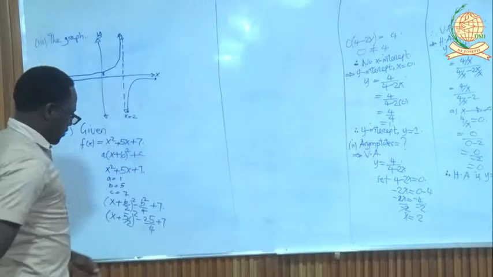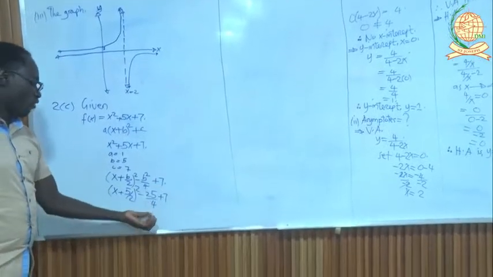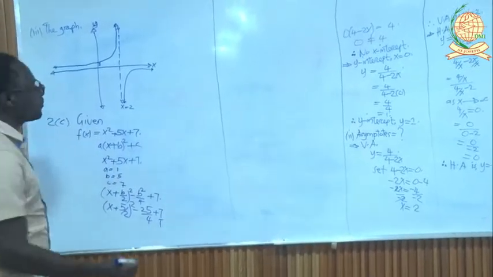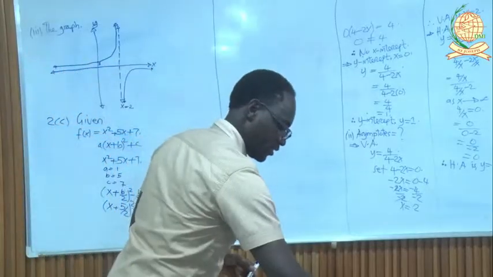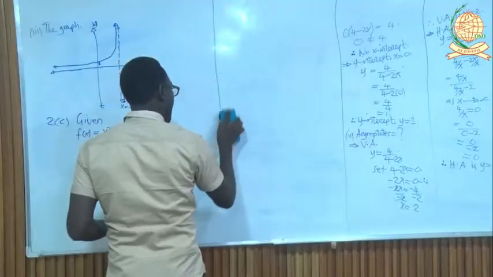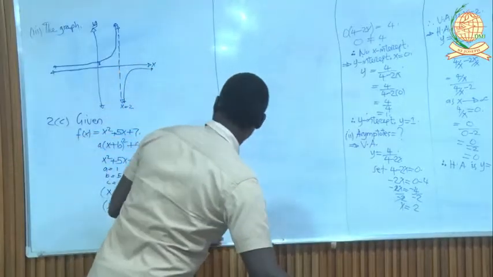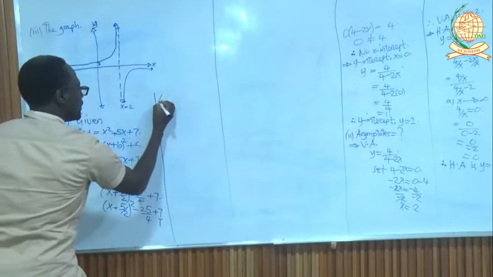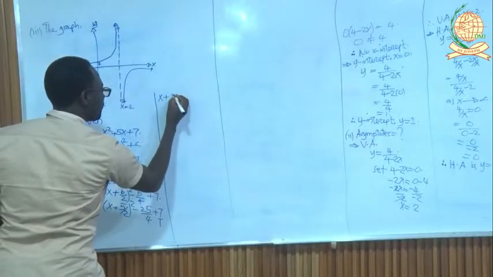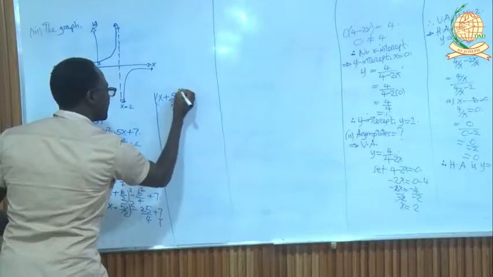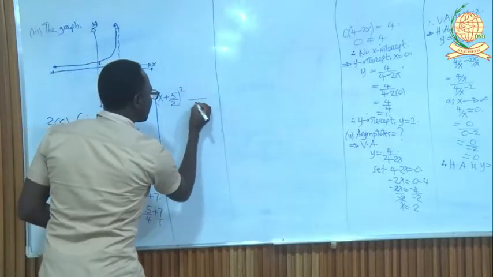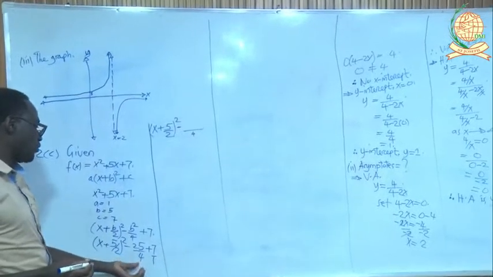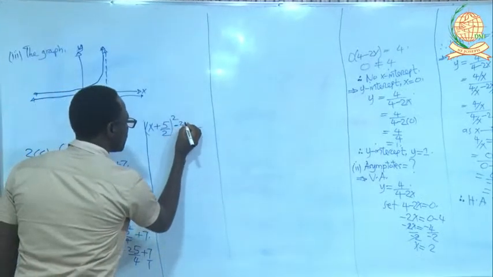Okay. And now simplify. Negative 25 over 4 plus 7. 7 is over 1, so the LCM is 4. Okay, we can continue from here. It is x plus 5 over 2 squared, LCM is 4. Here we have minus. So 4 divided by 4, 1. 1 times negative 25, it is negative 25.